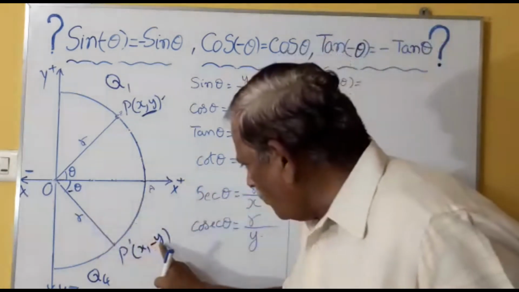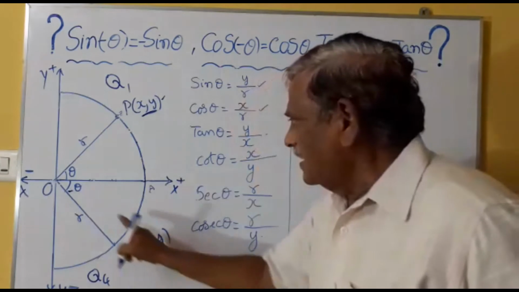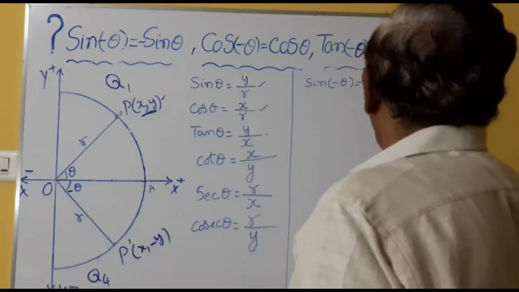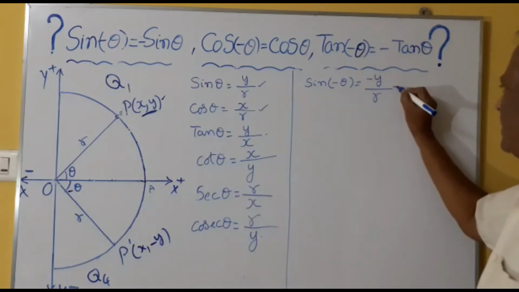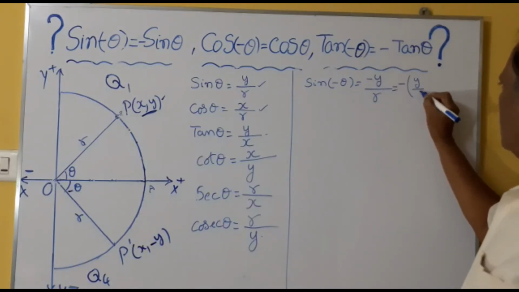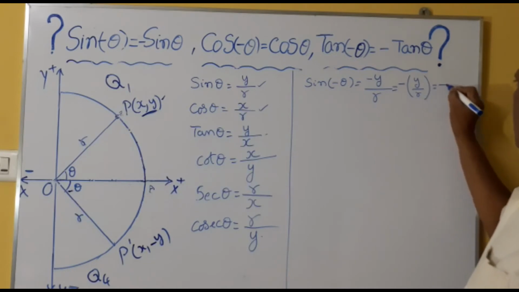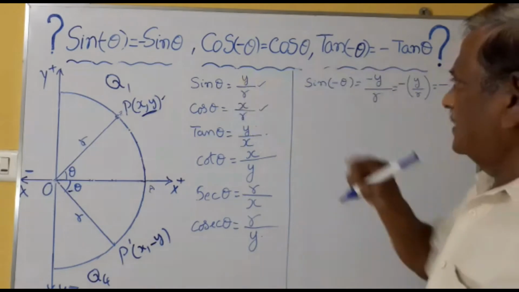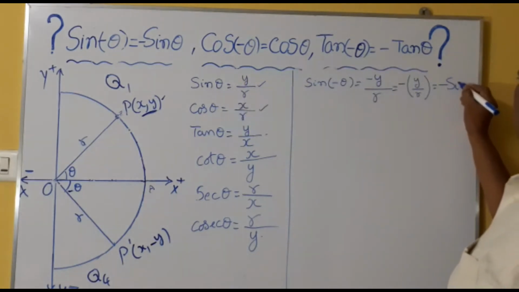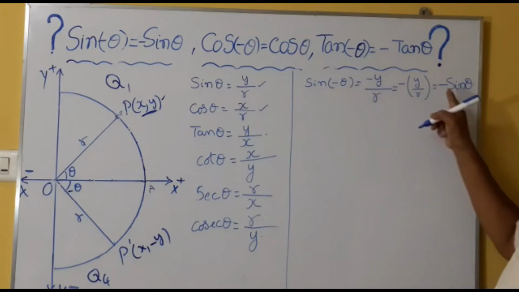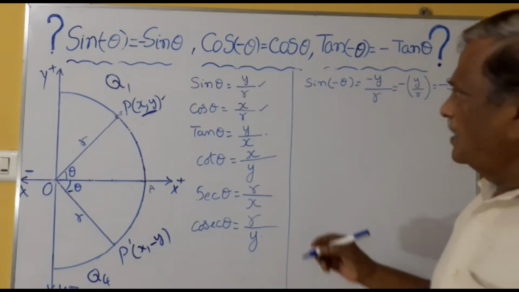Here the y coordinate is minus y and radius is r. Therefore, minus y by r. This equal to minus of y by r, and y by r is nothing but sin theta. Thus, sin minus theta equal to minus sin theta.